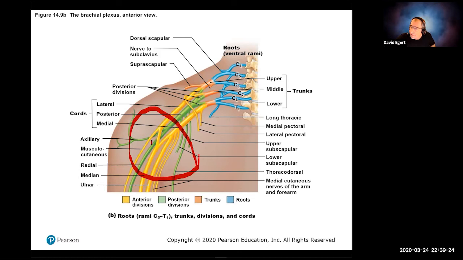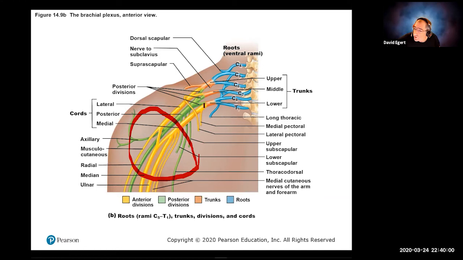This is kind of showing that M, where you have the lateral cord becoming the musculocutaneous, the medial cord becoming the ulnar nerve, and then this little M kind of thing, or W, depending what direction you're looking, that's coming down to become the median nerve down the middle between the two. So this is something you're going to be looking for when you're trying to figure out which is the median versus which is the ulnar versus which is the musculocutaneous: you look for this junction here, and then you'll be able to tell which is which.